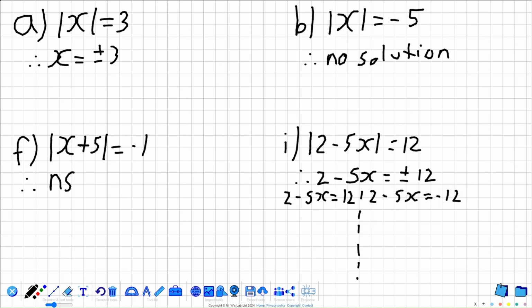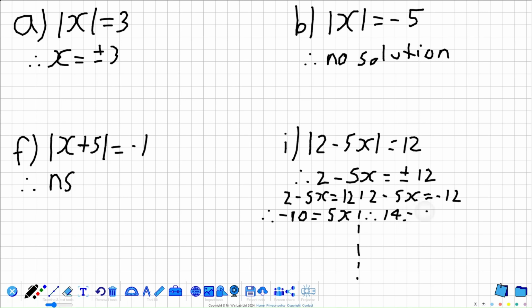I'll move this value over in both examples, and in turn move the 5x to the other side, because I don't really want the x to be negative. So we'll have negative 10 equals 5x, and on this side we've got 14 equals 5x.